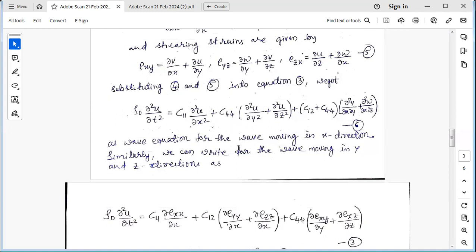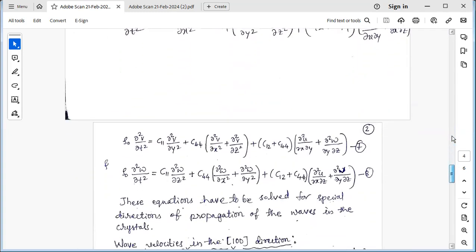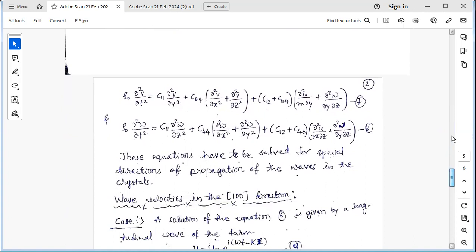This equation 6 is the equation of the wave for the wave moving in the x direction. Similarly, we can write for the y and the z directions. So next we are here.